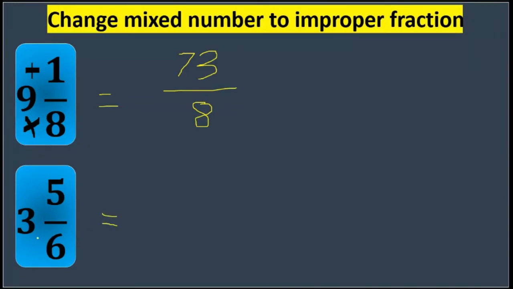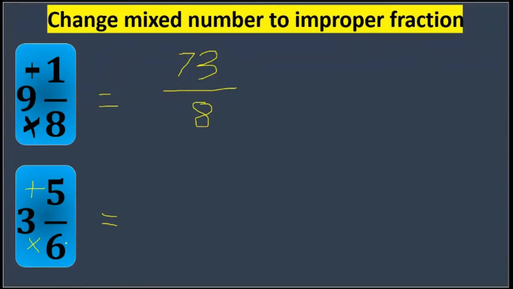Next. How about this one? You need to multiply this and then add. Don't get confused. For a mixed number to improper fraction, the method is multiply and then add. When we add or subtract dissimilar fractions and make them similar fractions, it's divide and then times.